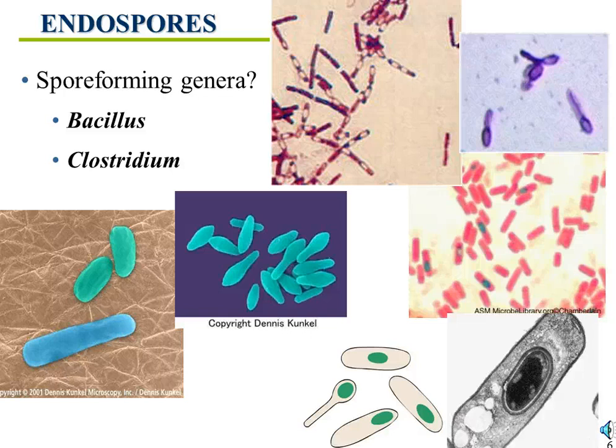Let me remind you about genus names, because we're going to be getting more into that. Genus and species: Homo sapiens, Felis domestica, your house cat. First name, genus, always capitalized. So Bacillus and Clostridium are genus names, or plural, genera, 1 genus.